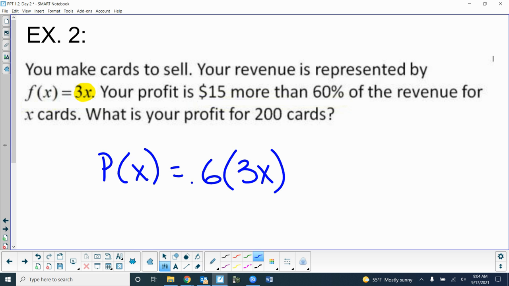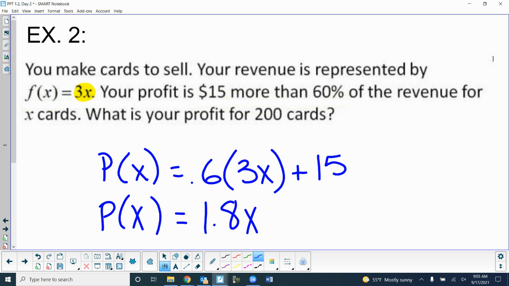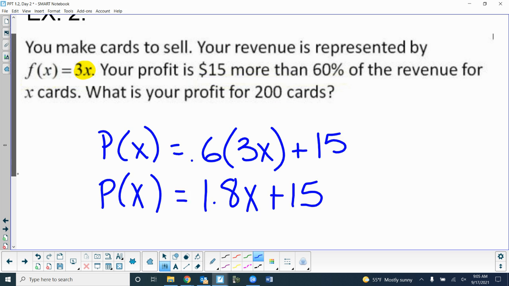Last time it was $50 less than, right? We subtracted. When it's more than, what are we going to do? We're going to add. Okay? So, again, this was just a coincidence. But what's 0.6 times 3? 1.8 again. It's not always going to be 1.8. That's just how that one worked out.